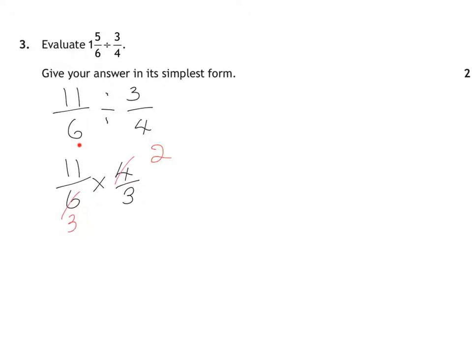So I've got 11 times 2, which is 22, and 3 times 3, which is 9. Now it's not asking you to put it back into a mixed fraction, it just says in its simplest form. So you can leave it like that. Stops you making any daft mistakes changing it back into a mixed number.